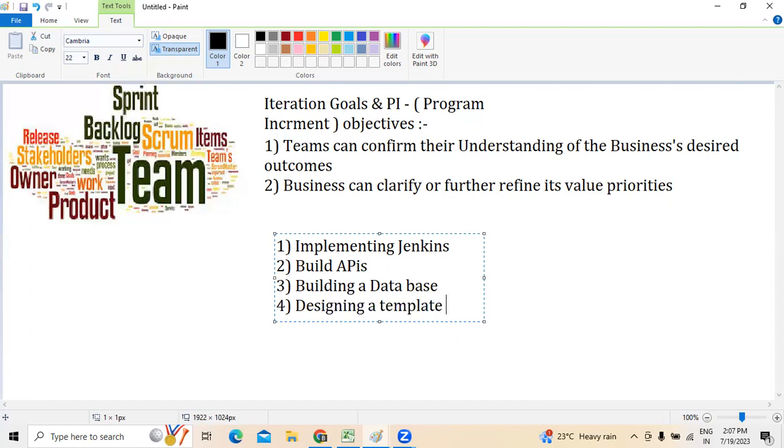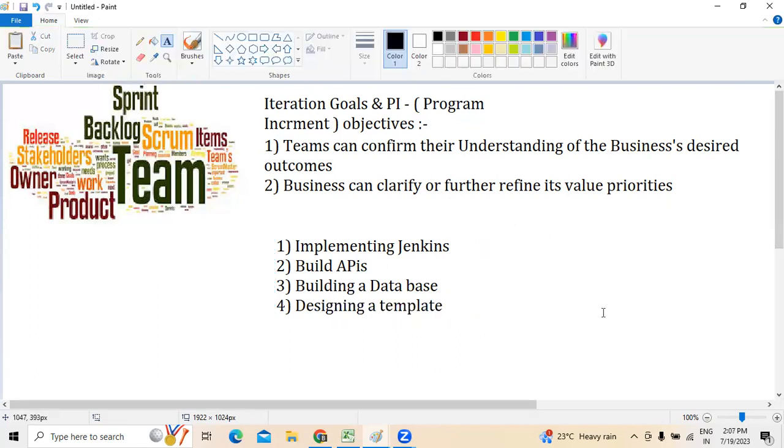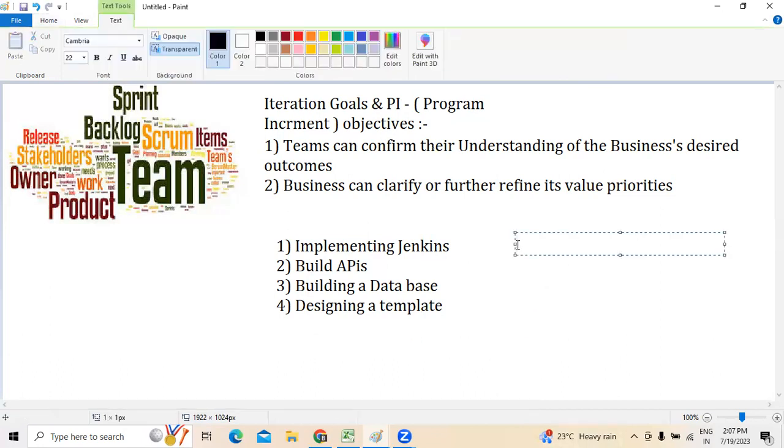But first of all, when we want to write objectives, there is a technique normally we follow, which is called SMART, right? So SMART objectives will be as follows.